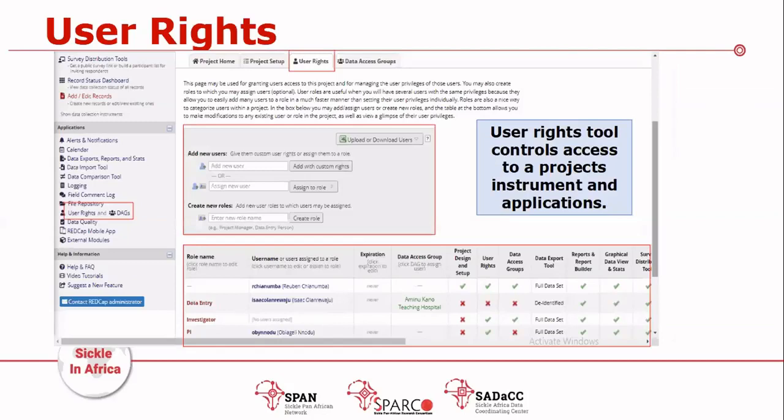And it is very important that we group this data into data access groups so that each site is able to see data from their site and are blinded to data from other sites. While at the hub or the central CESTA, we're able to see what every site is doing.